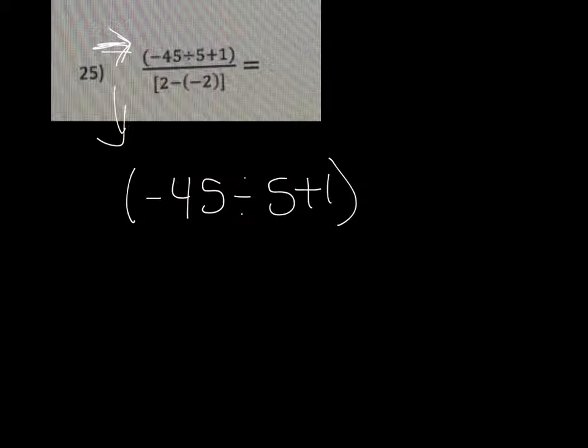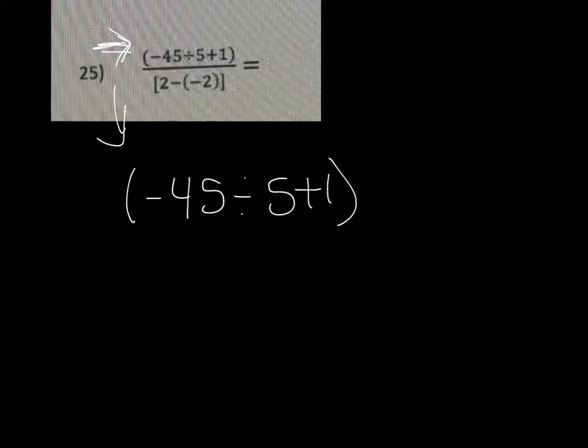So let's break this down. Let's start with the numerator first. Negative 45 divided by 5 plus 1. Now notice that number 24 looks just like this. So my example here should help you solve number 24 as well.